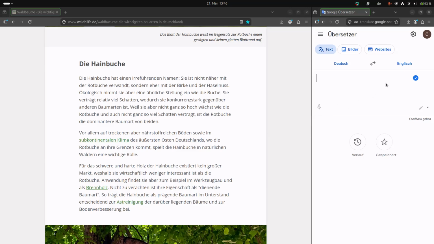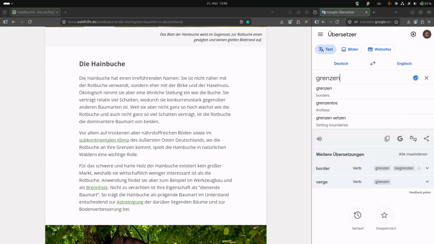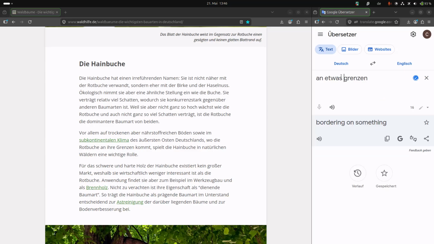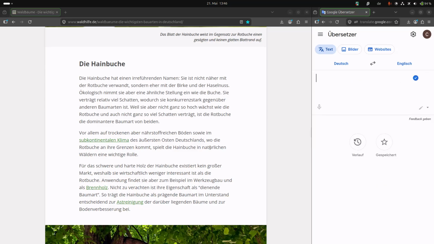There's also this word, which is a verb, grenzen, which means to border something, an etwas grenzen, bordering on something. And an ihre Grenzen kommt, at her borders comes, basically.